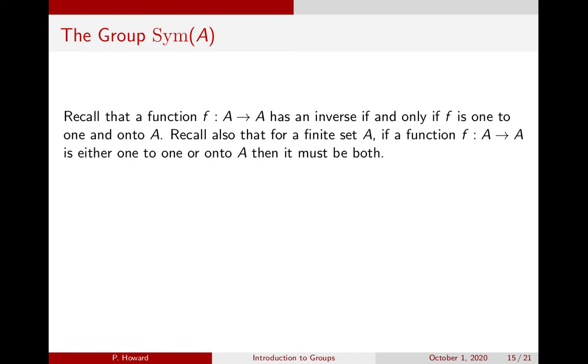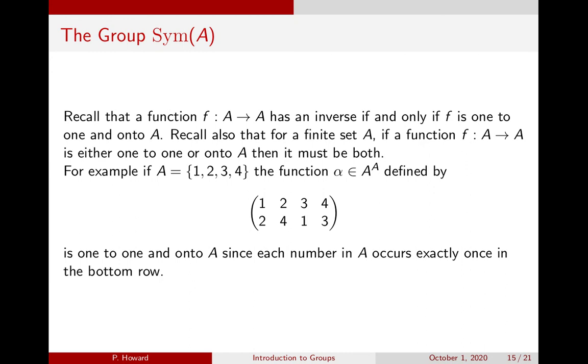So remember that a function from a set to itself has an inverse if and only if it's one-to-one and onto A. And another fact that I am asking you to recall is that for a finite set A, if a function from A into A is either one-to-one or onto A, then it has to be both one-to-one and onto. But maybe an example would be better.